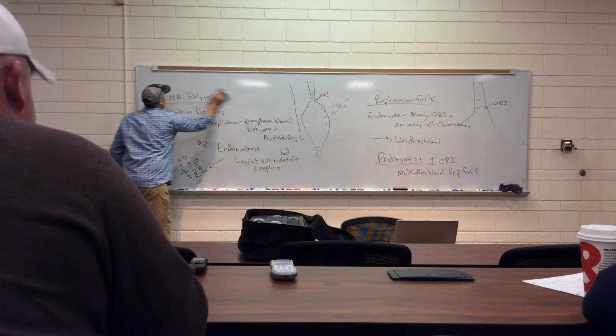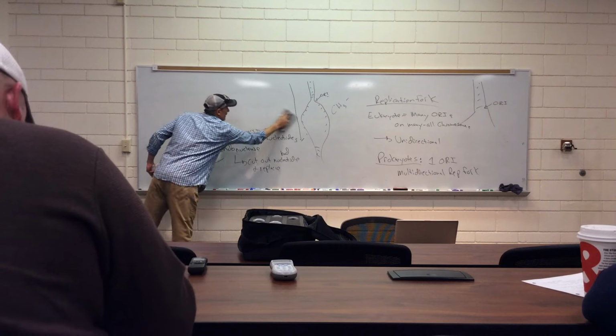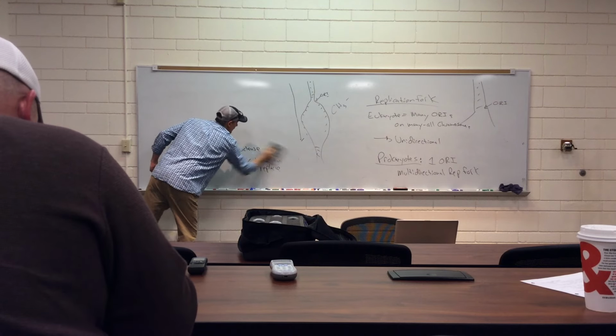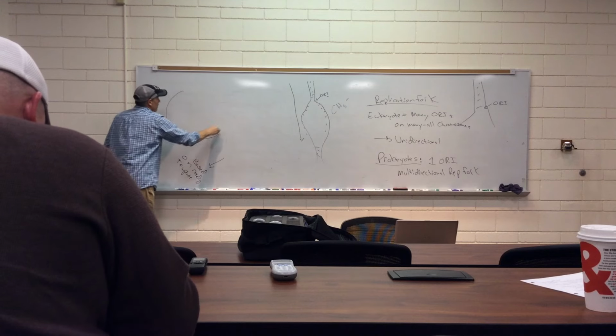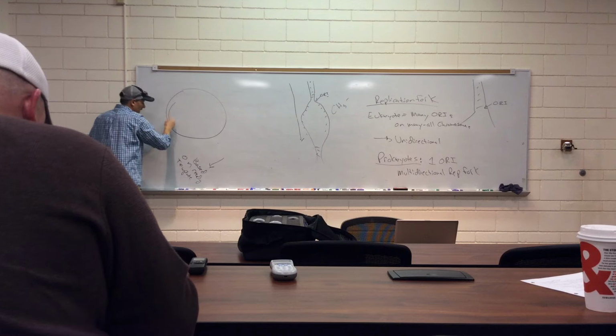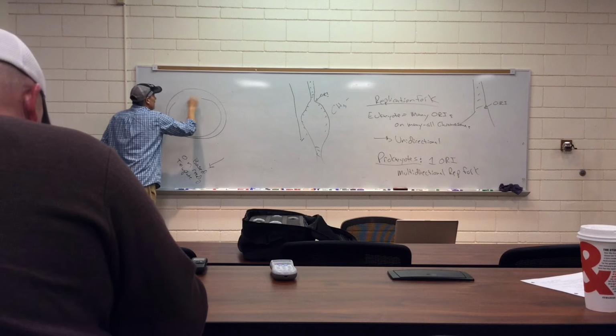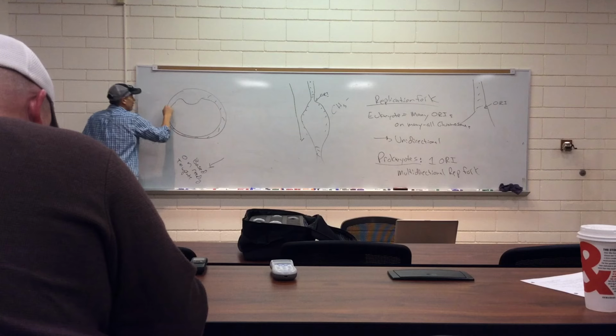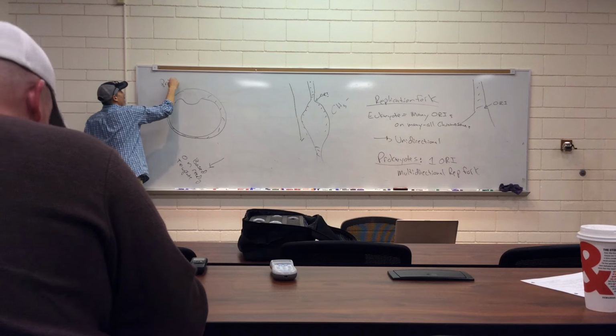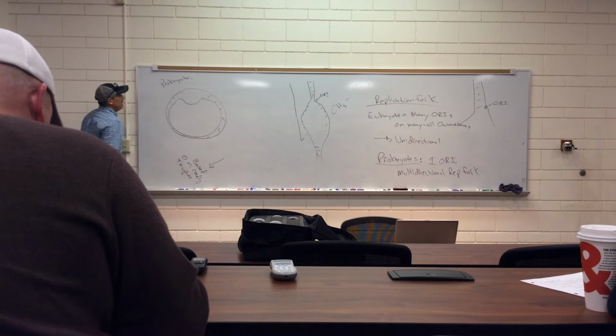With prokaryotes, they're circular. So it's more like putting an inner tube inside of a tire. Because we have this bidirectional, here's our prokaryote. It's bidirectional.